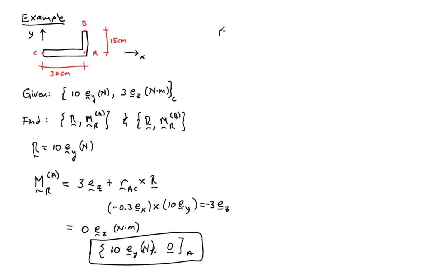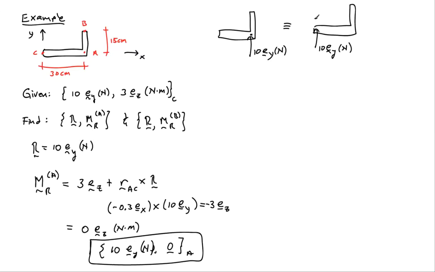So pictorially, I could draw this simply as a force of 10 newtons acting in the y direction at point A. And this is the same thing as my original characterization, which if I were to draw it, would look like a force of 10 newtons acting at point C along with a moment of 3 newton meters about the z-axis.